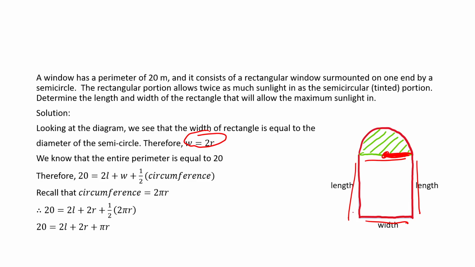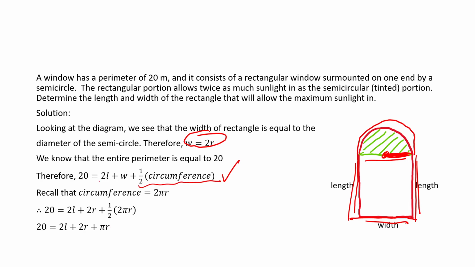So what we do is we say, okay, we know the overall perimeter of the window is 20. So a length plus 1/2 of a circumference of a circle plus another length plus a width needs to equal 20. We know that circumference of a circle is 2 pi r, so naturally 1/2 of a circumference will be pi r.